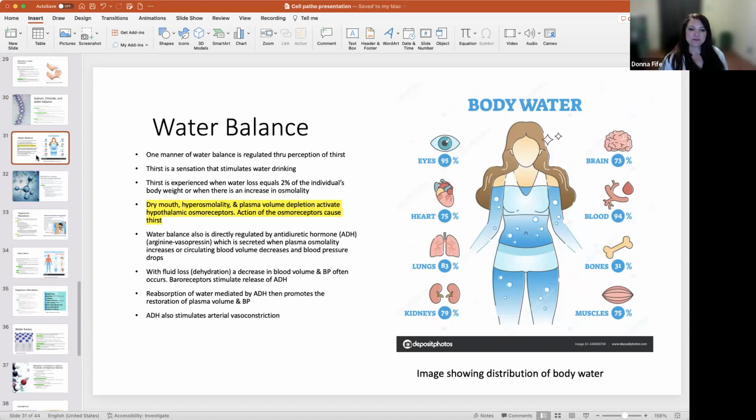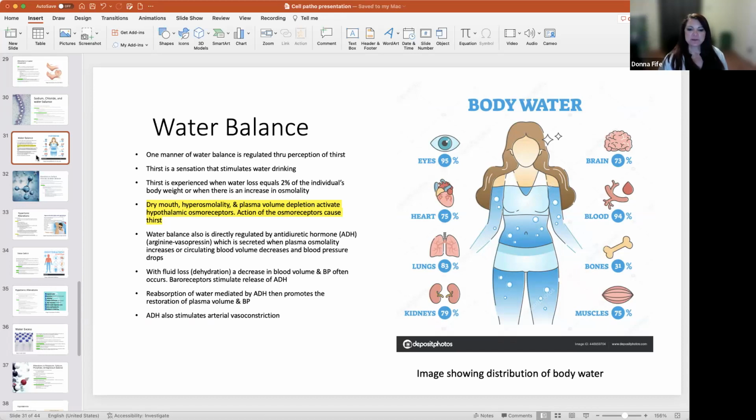Water balance also is directly regulated by the antidiuretic hormone, which is secreted when plasma osmolality increases or the circulating blood volume decreases and blood pressure drops. With fluid loss or dehydration, a decrease in blood volume and BP often occurs.